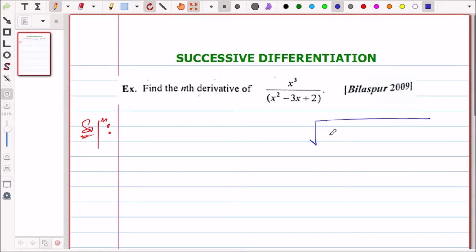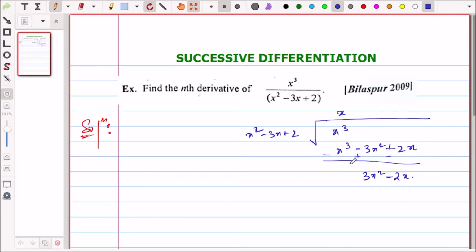This is x cube and we have to divide it by x square minus 3x plus 2. First we will multiply with x, so we get x cube minus 3x square plus 2x. Subtracting, this cancels out and you are left with x square minus 2x.